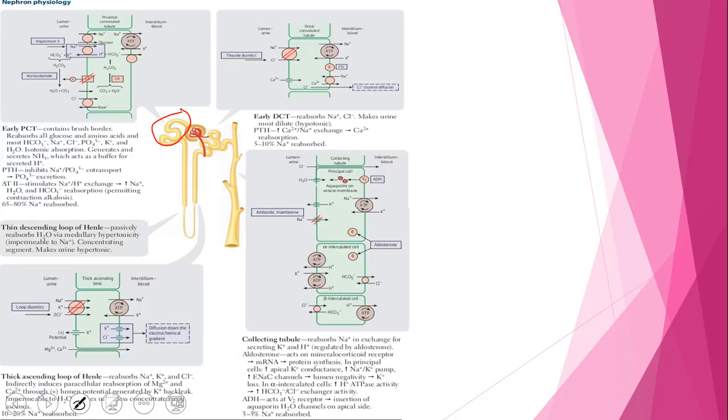This looks like pre-glomerular. So acetazolamide knocks out the carbonic anhydrase, and angiotensin II has its effect here. I'm not going to go into this because it takes too long to really understand and explain. Thiazide diuretics knock this out. You can go over this on your own time.